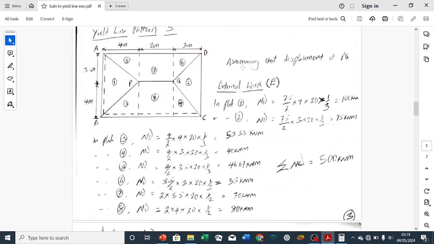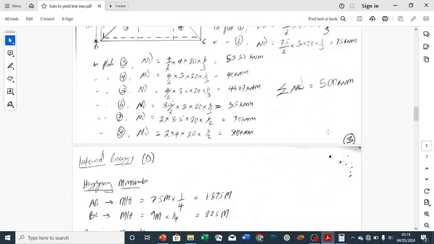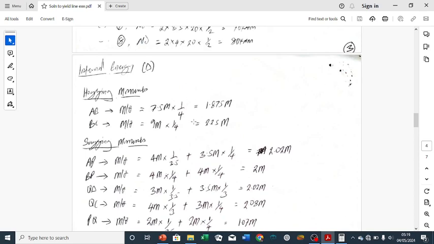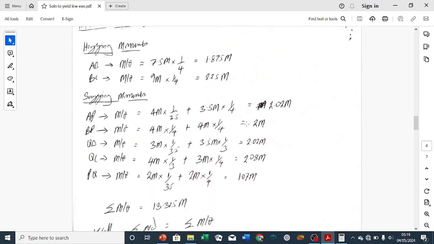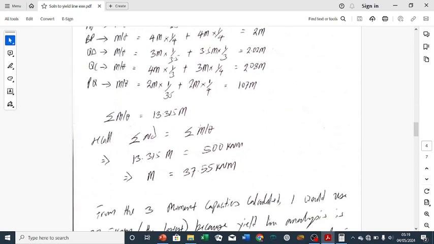If you follow the same principle of calculating the external work, in this case summation M, N delta was 500 kilonewton meter. And also calculate for hogging yield lines and for sagging yield lines, in this case summation mL theta was 13.315. So if you do that, use the principle of virtual work, which sets the external work equal to the internal energy, that makes this equals to this, and by calculating M, we have M is 37.55.